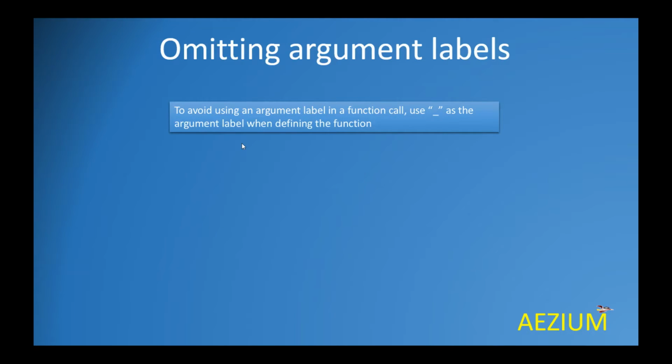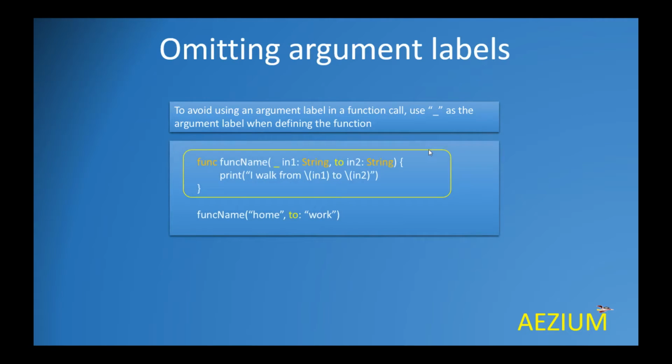There are times that we may wish to avoid using an argument label for a particular input parameter of a function. In such cases, we use an underscore as the argument label for that input parameter at the time of function definition. An example of such a case is shown here when I'm using an underscore as the argument label for the first input parameter of this function.